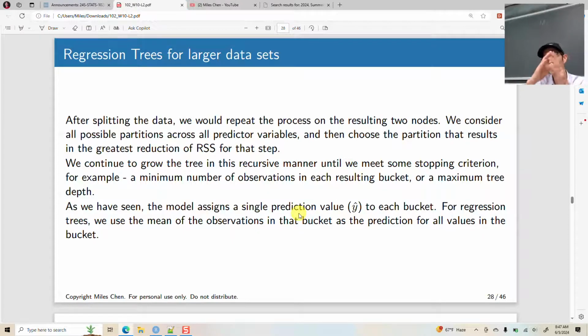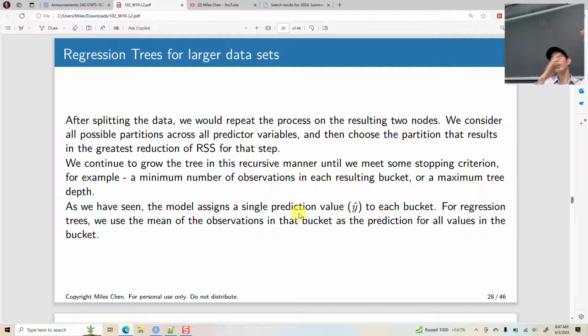And then once you form a split, you just have a sub-segment of the data. So you might have originally 100 observations in your full data set, and then you create a split, and it splits it into a group of 40 and a group of 60. You go over to one partition, that group of 40, and repeat the same process.